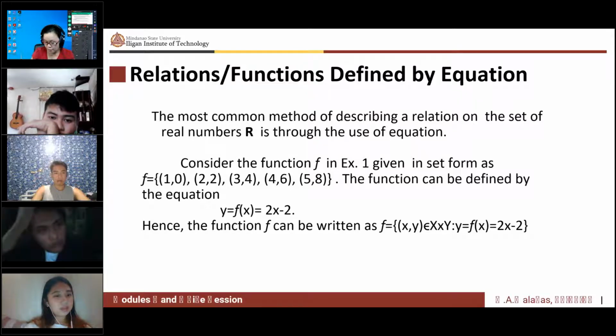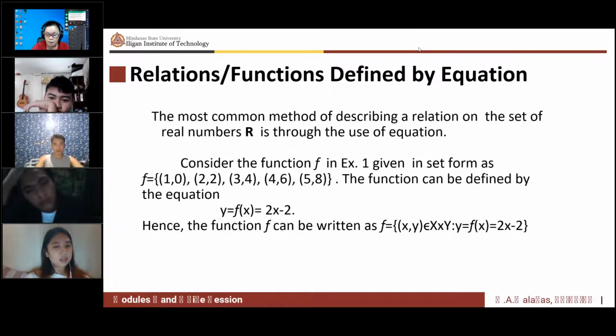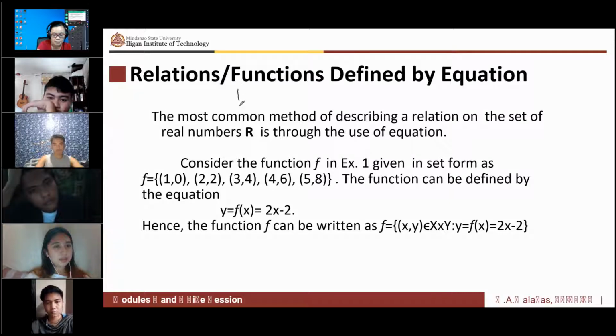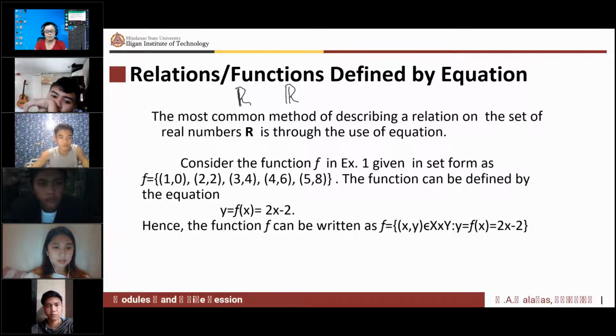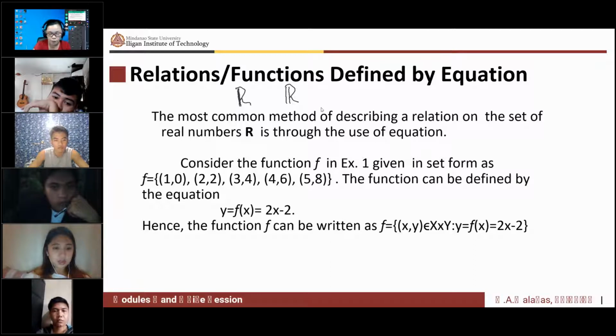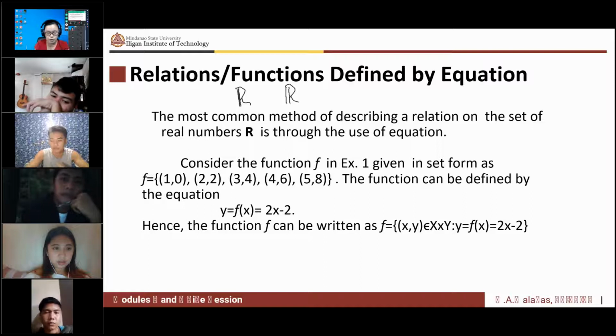So the R here, usually it is denoted by this bold R, that is the notation for the set of real numbers. Now, the most common method when you have a function on R is through the use of an equation.